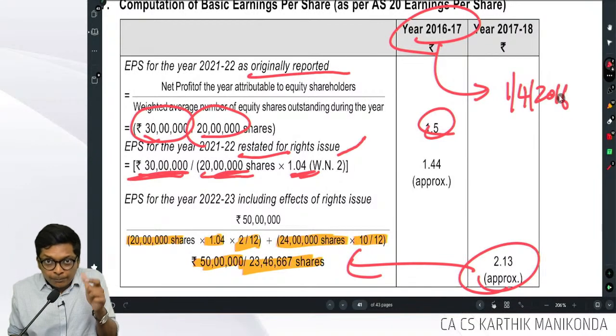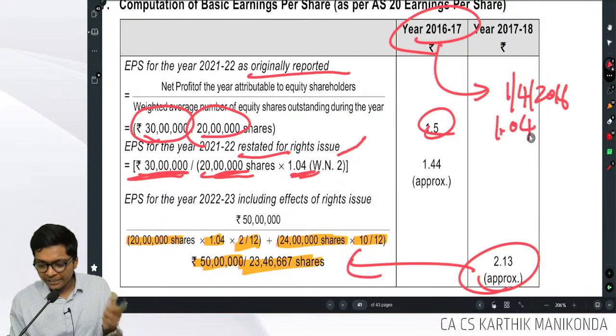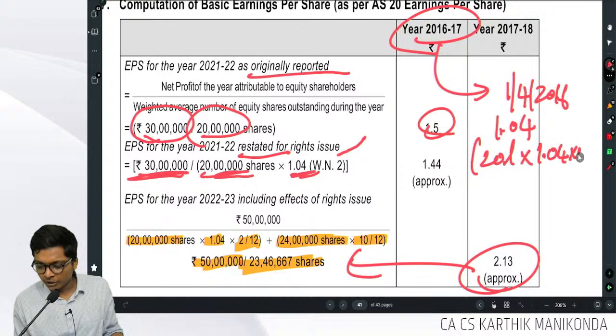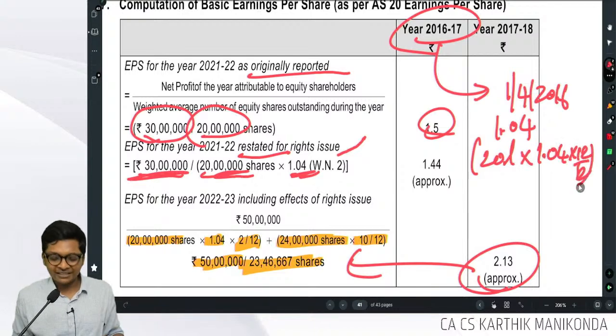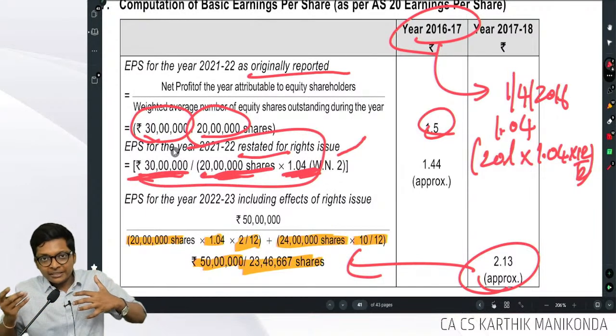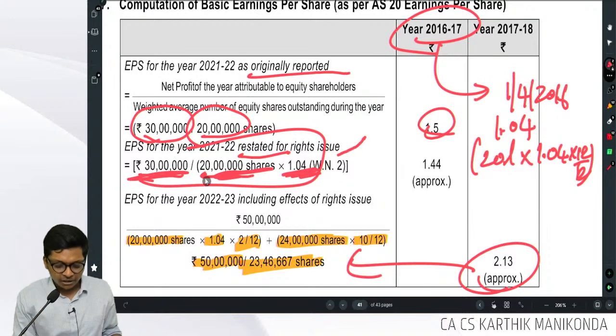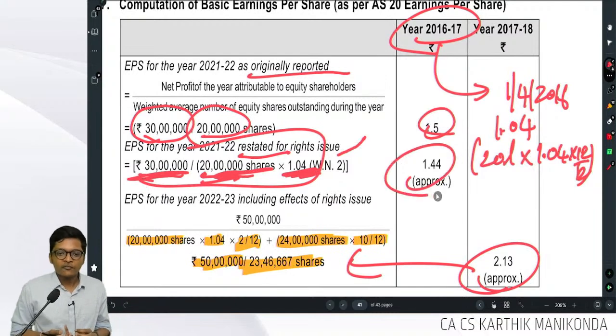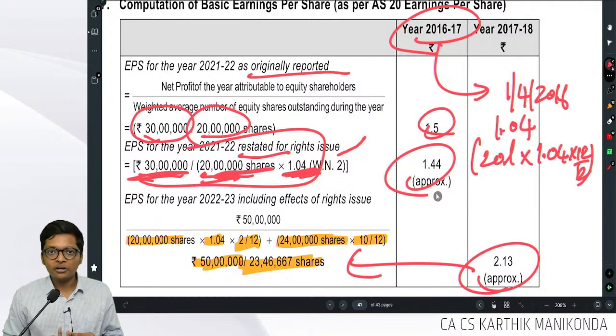So what is that bonus element here? 1.04 per share. So I will do 20 lakhs into 1.04 into 12 by 12. This is for the previous year. For the previous year, the bonus is included for the whole period, no need to do into 2 by 12. So 20 lakhs into 1.04, numerator 30 lakhs, you will get 1.44.